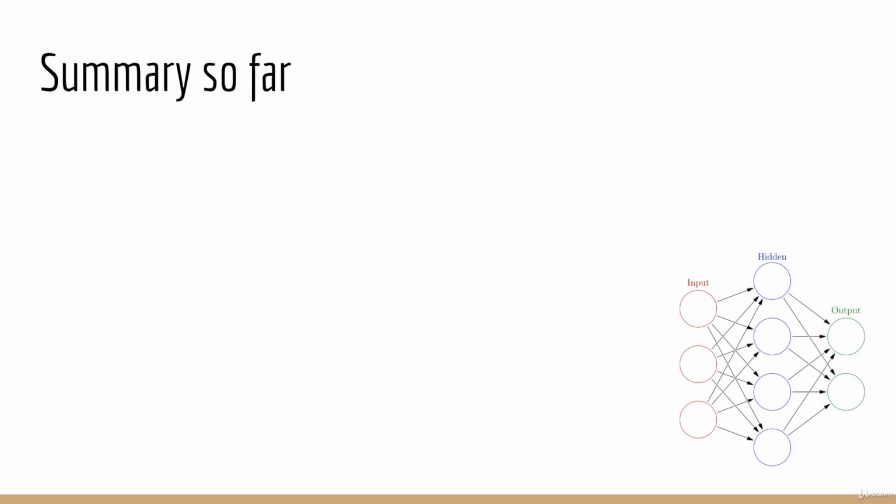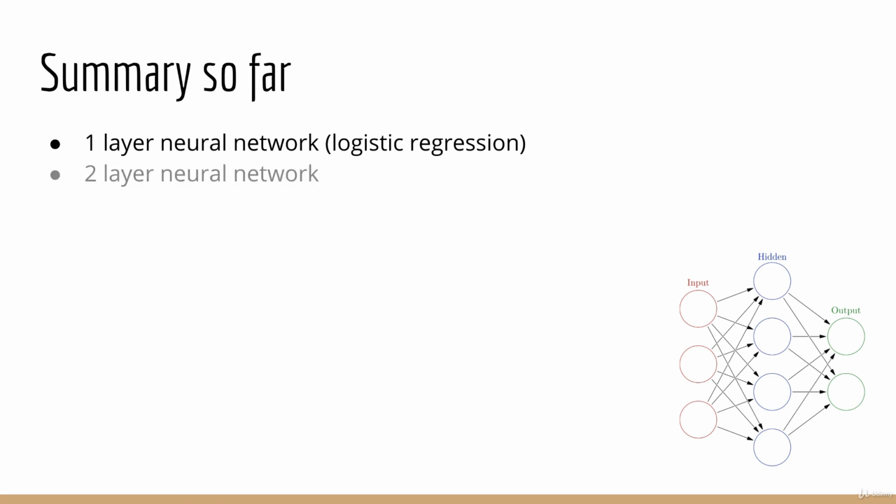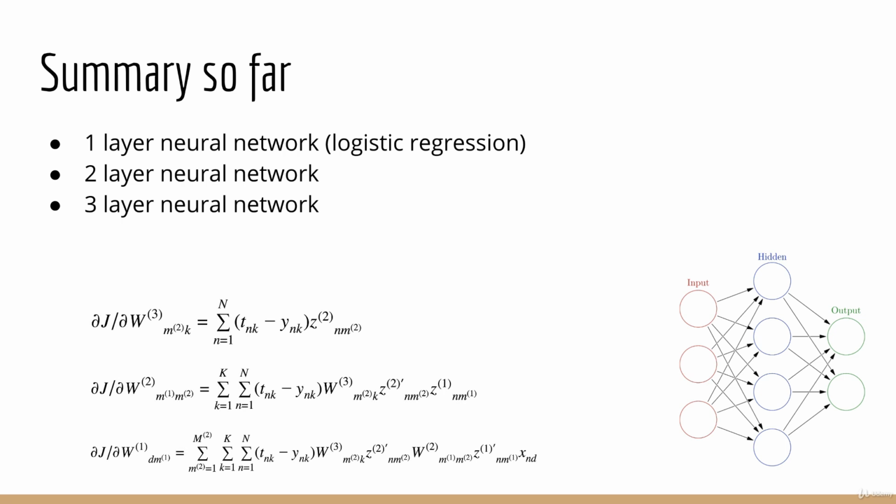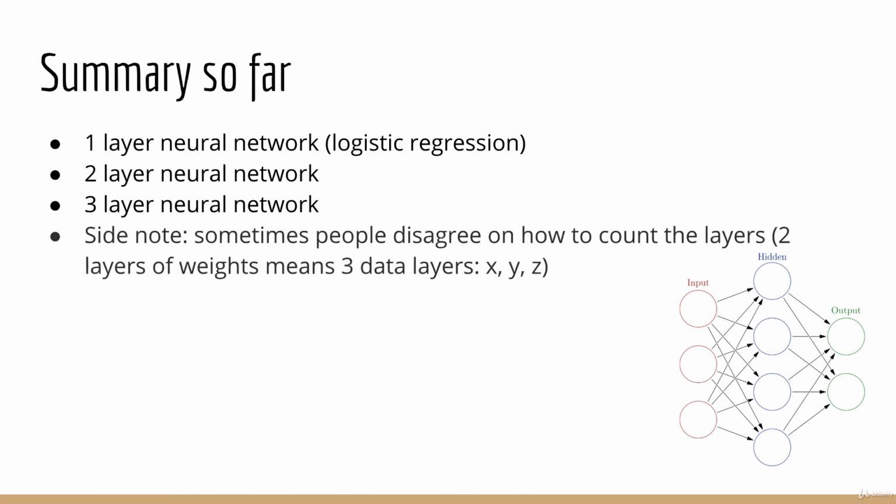To summarize what we've done so far, we've gone from solving for the gradient of a one-layer neural network, which is logistic regression, to a two-layer neural network, and now a three-layer neural network. Here in this page, I've summarized the derivatives for each layer of a three-layer neural network. As a side note, sometimes people disagree on exactly how to count the layers.